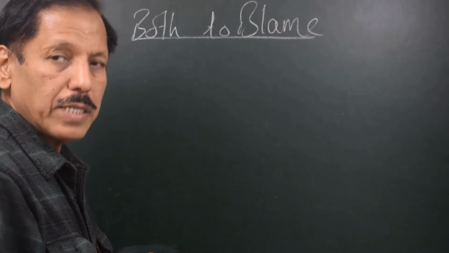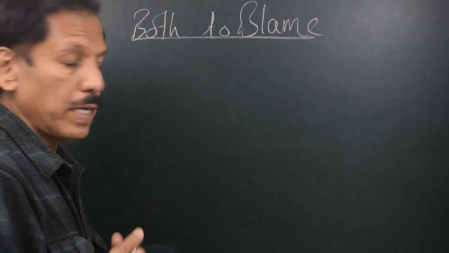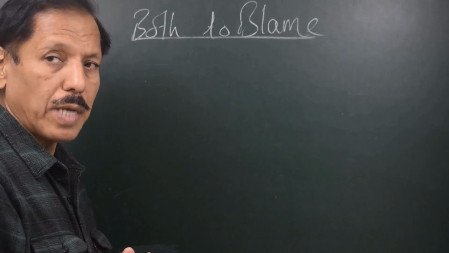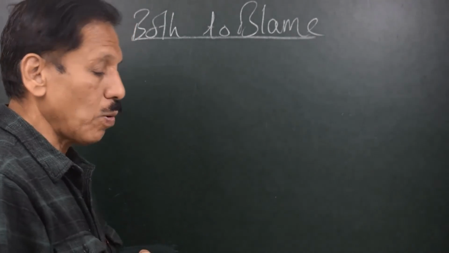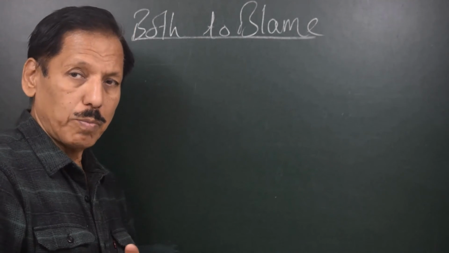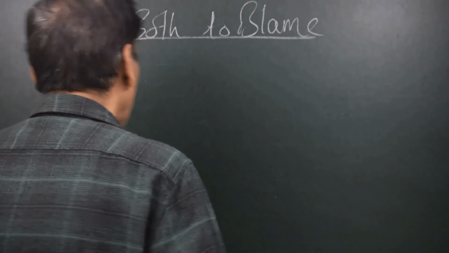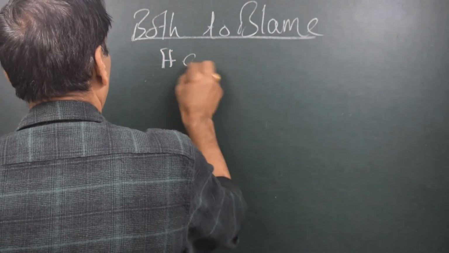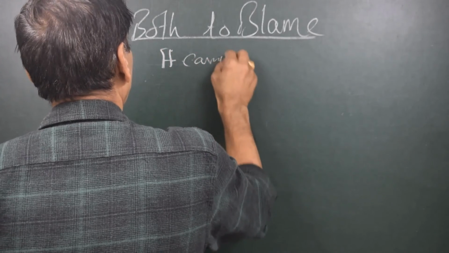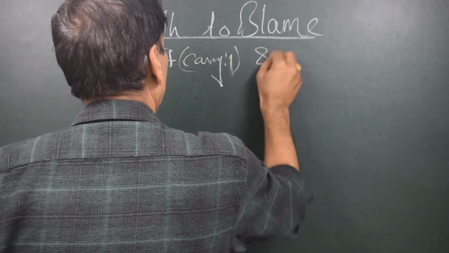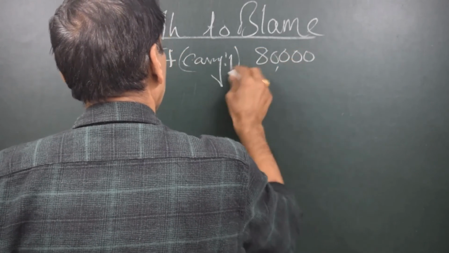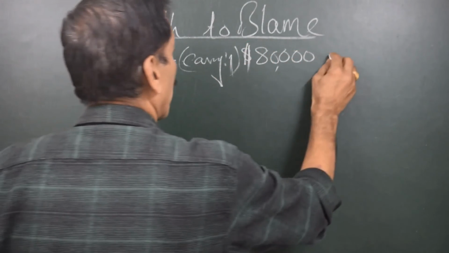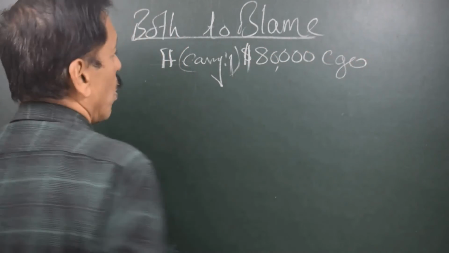Let us consider a case where the US principle of 50-50 liability is applied, and we will consider both situations: number one, when both to blame collision does not apply, and number two, when both to blame collision applies. So let us say there is a ship A, which is a carrying ship, and incurs a cargo loss of $80,000.